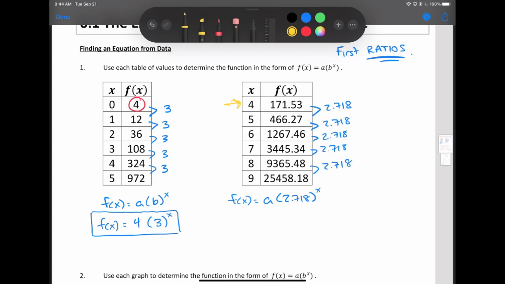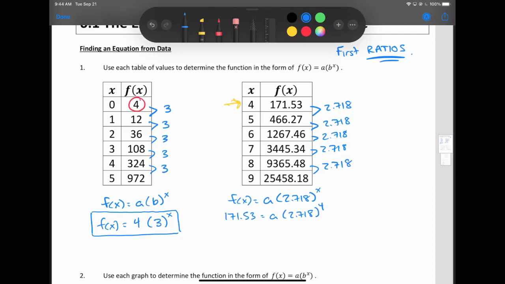But what I do have is that when x is 4, f(x) is 171.53. I'll point out that this would work if you chose any of the values in that table, but I'll choose the first one. 171.53 = a times 2.718 to the exponent 4. So I just plugged in my x and my y essentially.